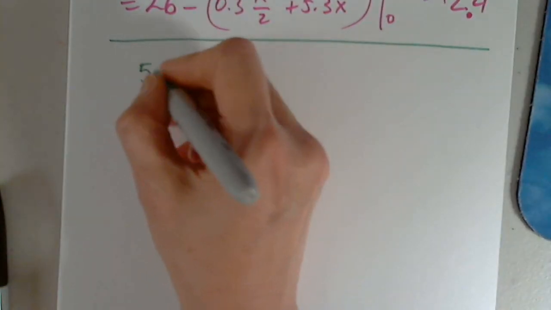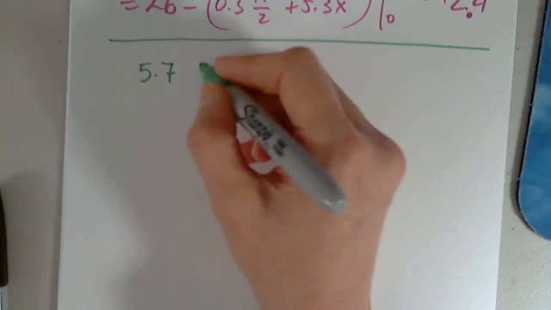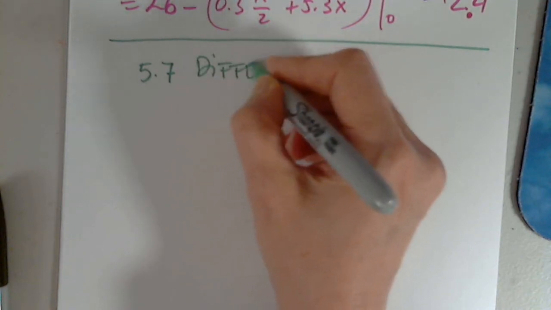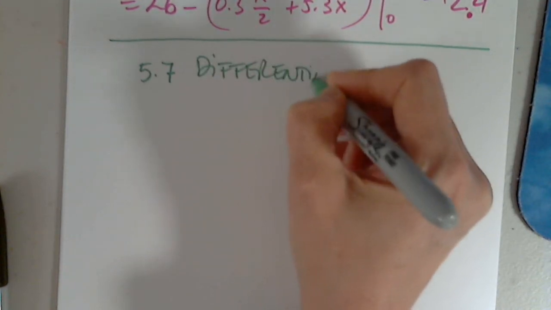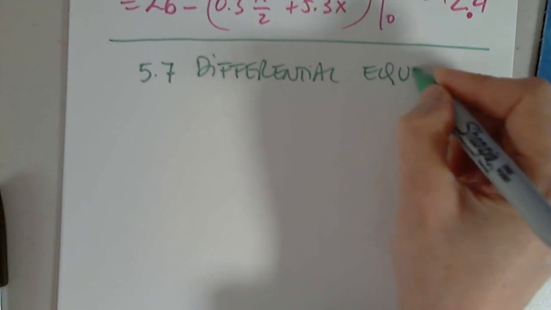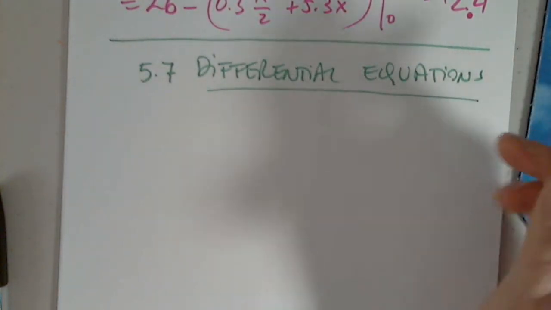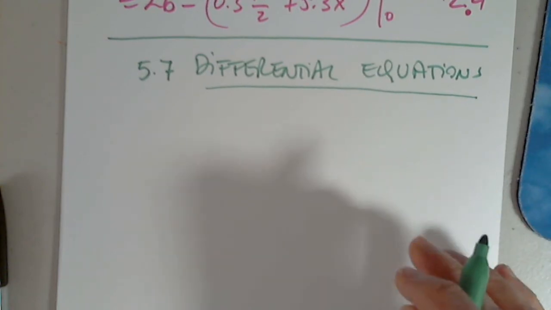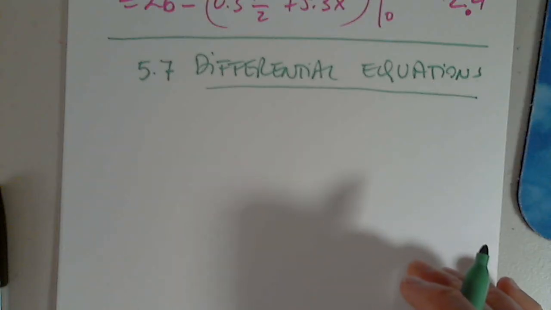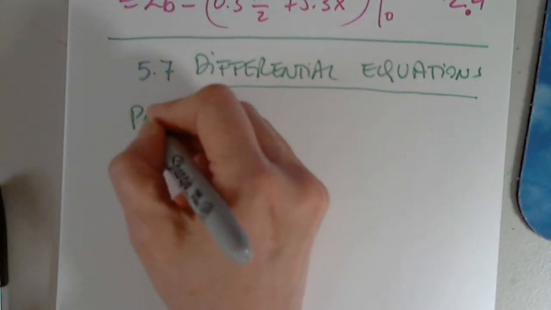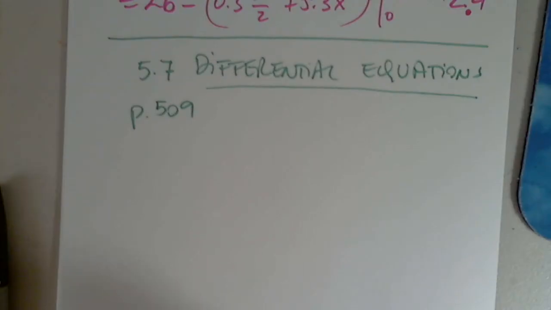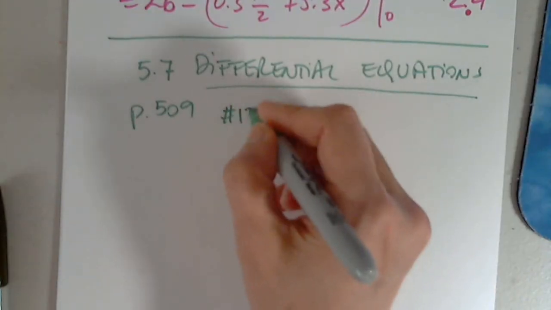Okay, well, the last section of this chapter deals with differential equations. What is a differential equation? It's an equation that has derivatives in it. So on page 509, I would like to start with something like number 13.